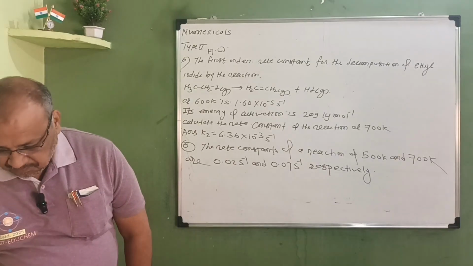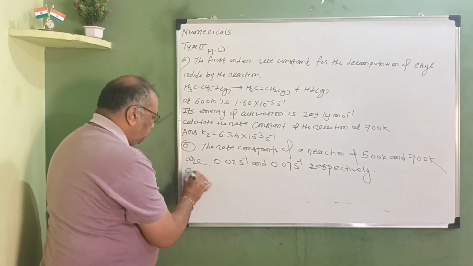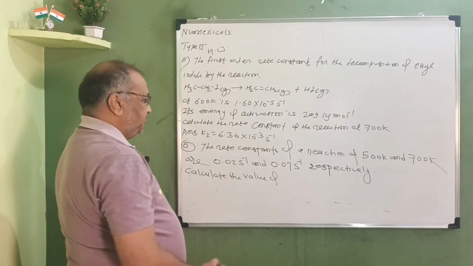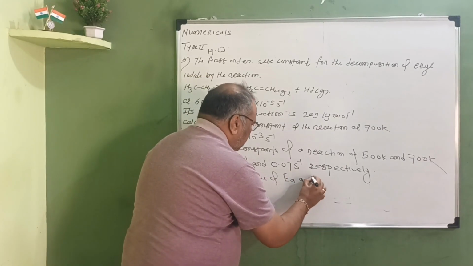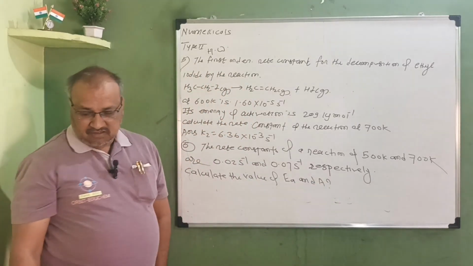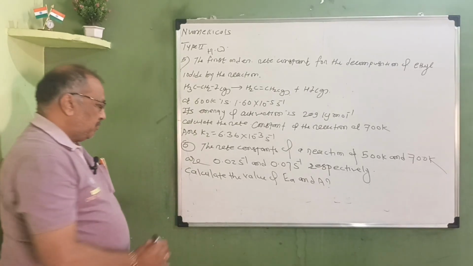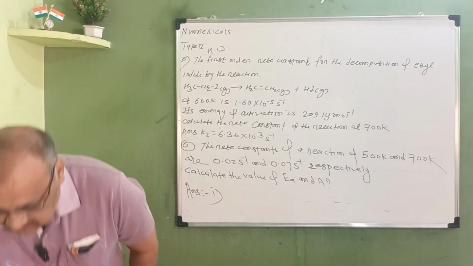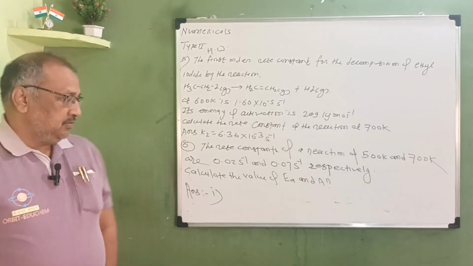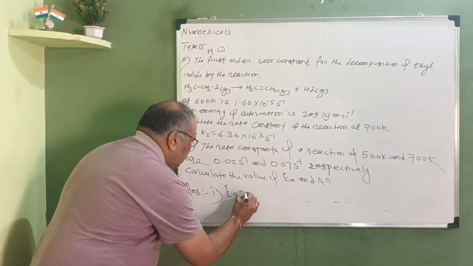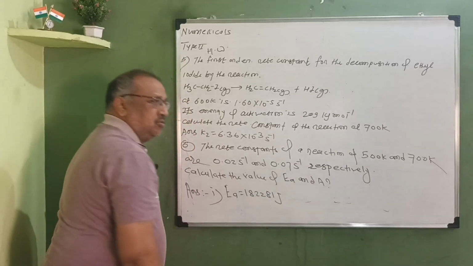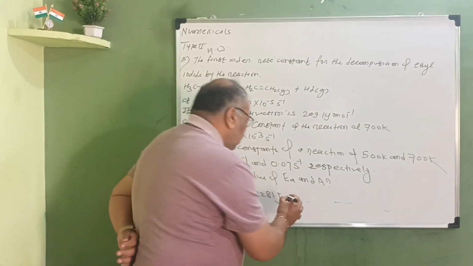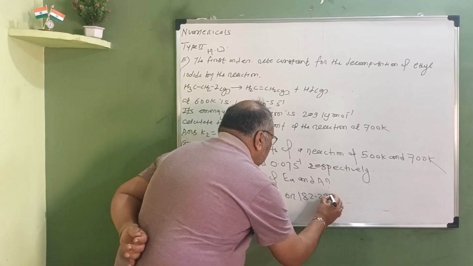Now here calculate the value of EA and A. Here answer first, EA equal to 182281 joule or 182.281 kilojoule.